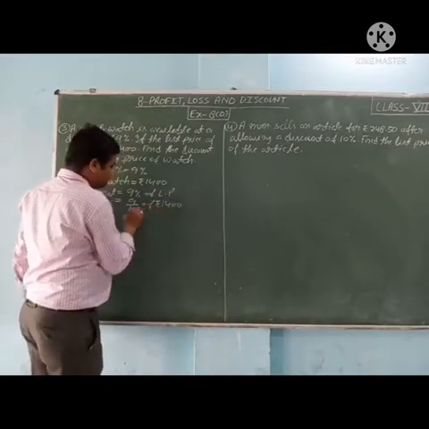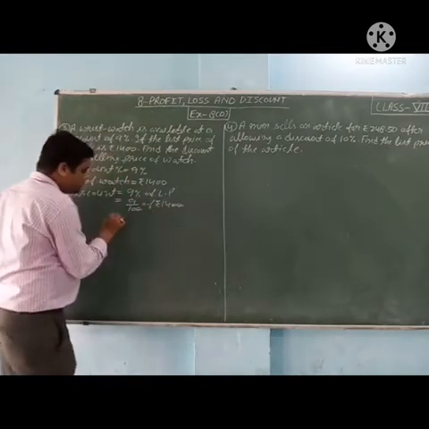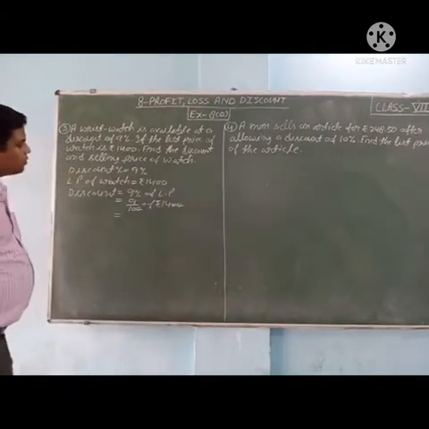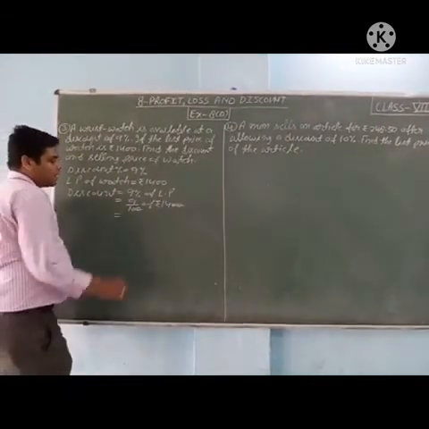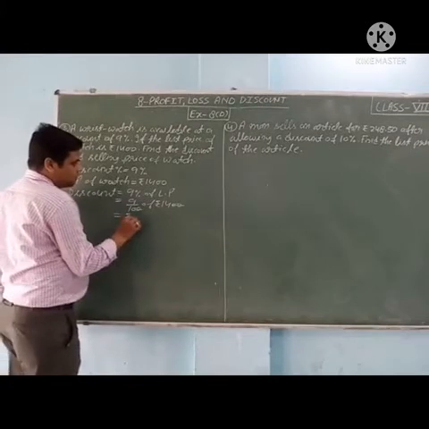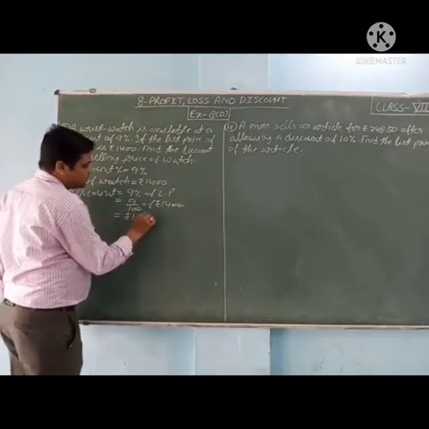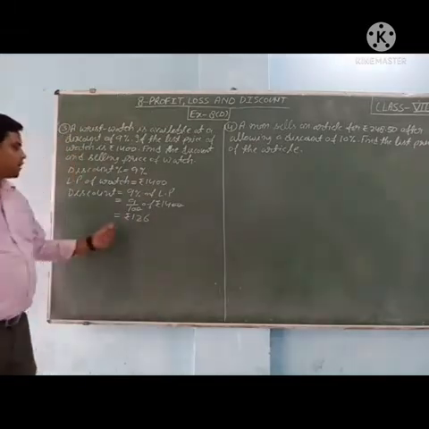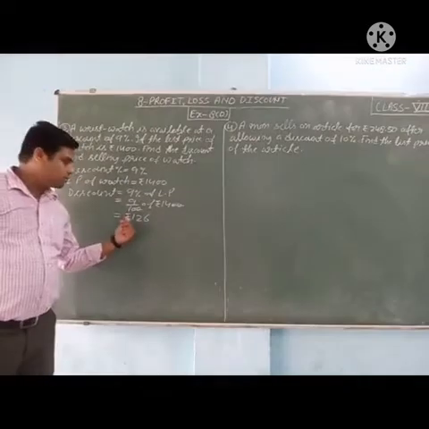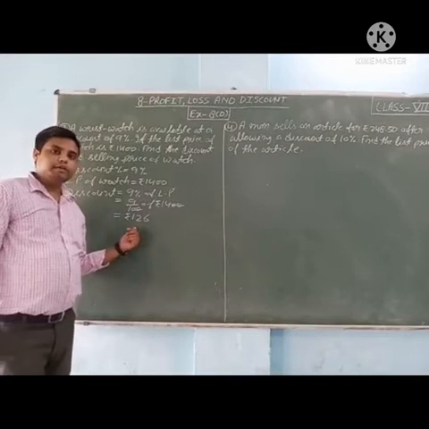Both the zeros cancel. So 9 times 14 is rupees 126. So discount is coming rupees 126.